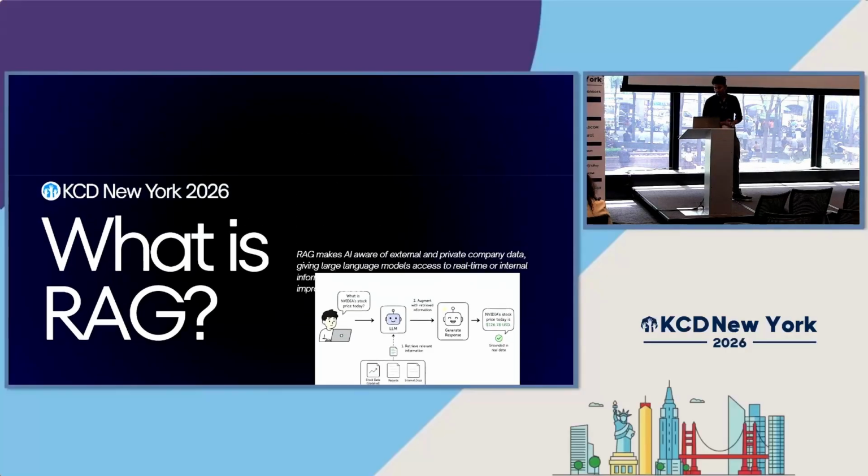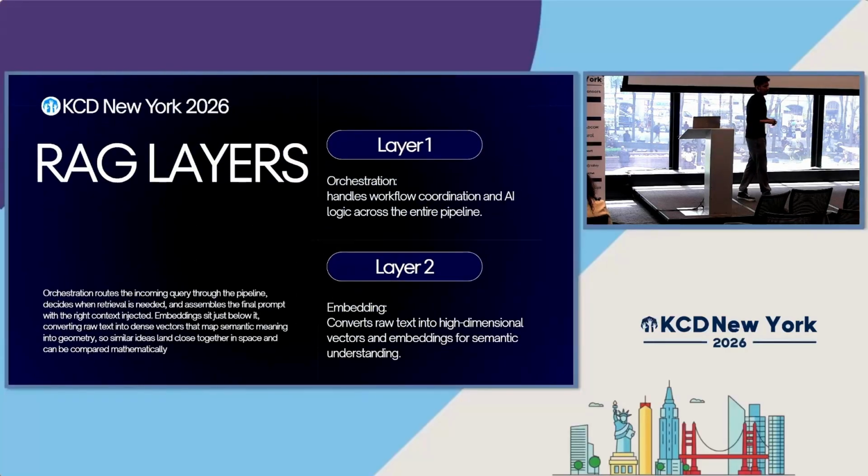So a good RAG application has a total of 4 different layers working together to make it a basic RAG application. There are layers like the orchestration layer, embedding layer, vector database, and the inference engine. The orchestration layer is the layer which handles all the queries and the flow of your entire application.